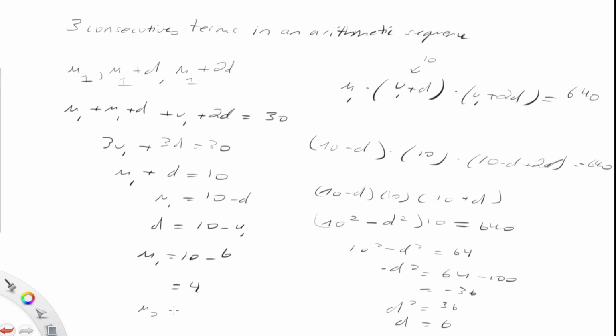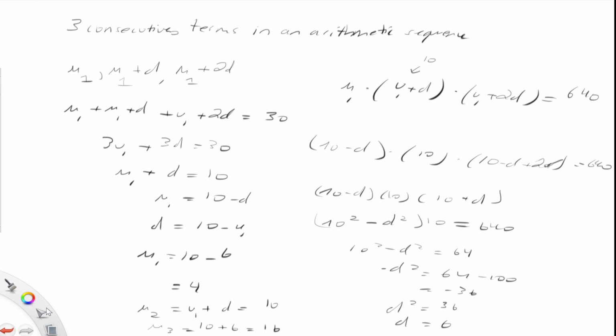It would be equal to u1 plus the difference, which is equal to 4 plus 6, which is equal to 10. And what would be the last term? Well, similarly, it's u2 plus the difference, so 10 plus 6, which is equal to 16. And here we go, we found the 3 consecutive terms: 4, 10, and 16.